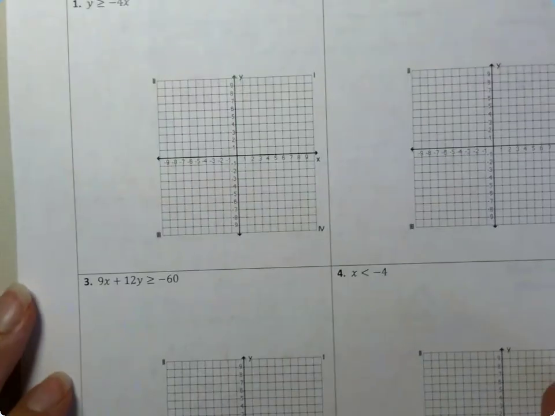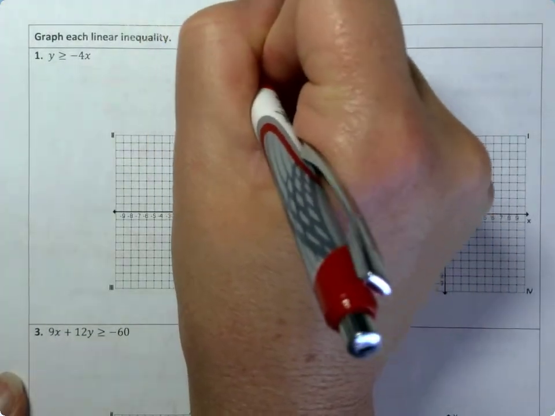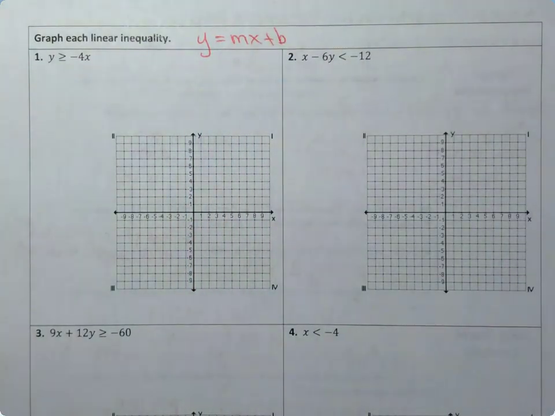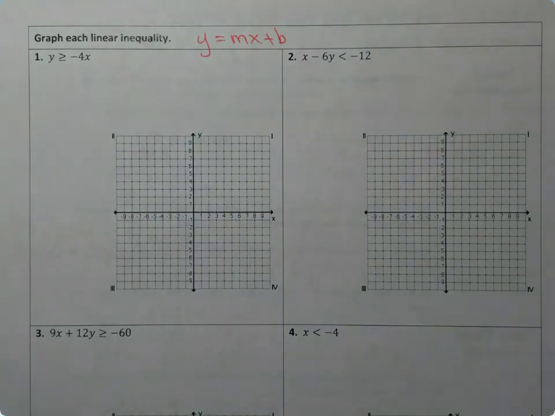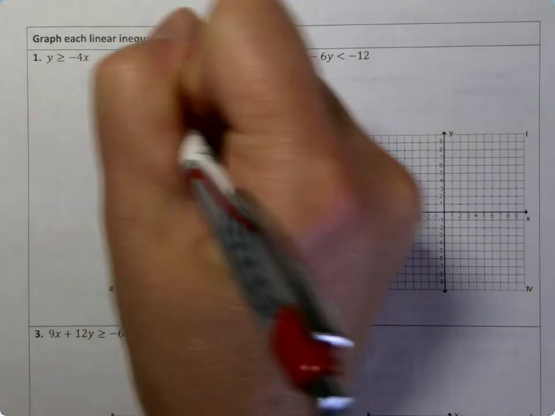So here we go. The first one, and remember, we always want y equals mx plus b unless you're told to use x and y intercepts, which we will still use x and y intercepts. The first one's already y equals, right? So what is m and what is b?